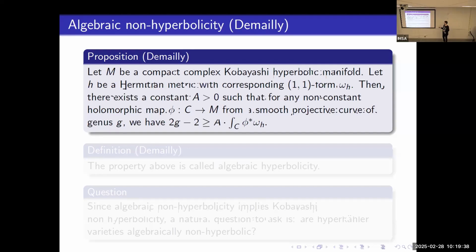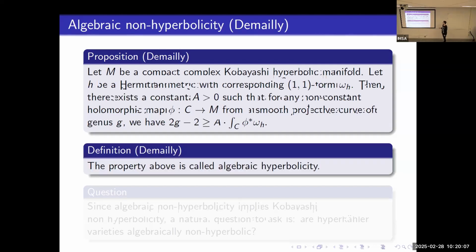Basically, if you fix an ample class, you want the degree of any curve, or rather any non-constant holomorphic map from a smooth curve to N, to have degree which is bounded above by 2g minus 2, up to a positive constant. So this is called algebraic hyperbolicity. So this means that Kobayashi hyperbolicity implies algebraic hyperbolicity.